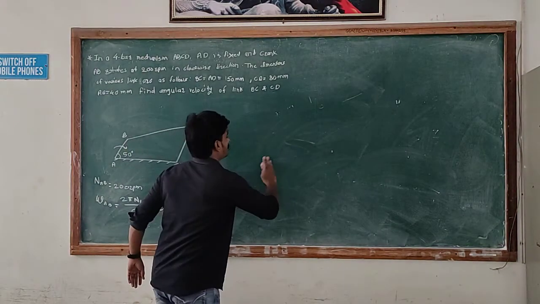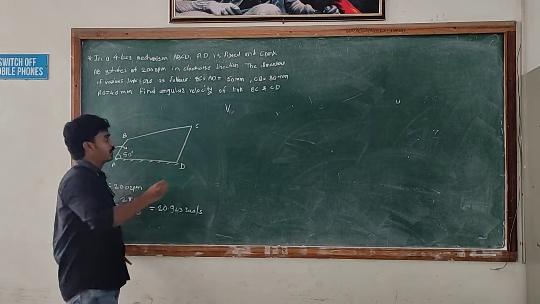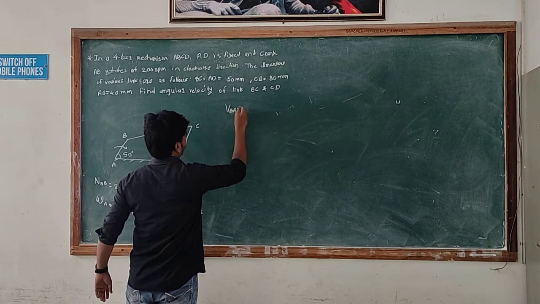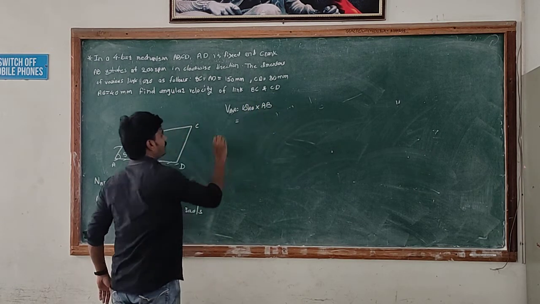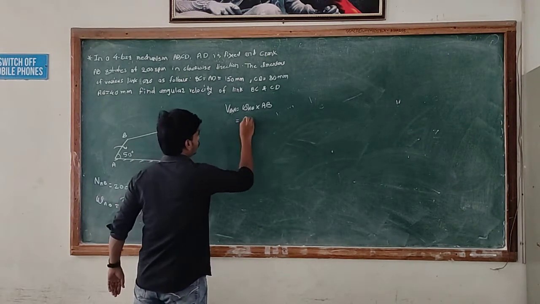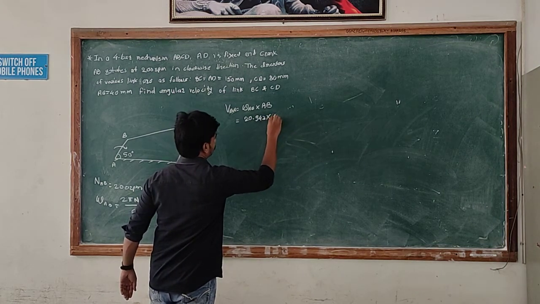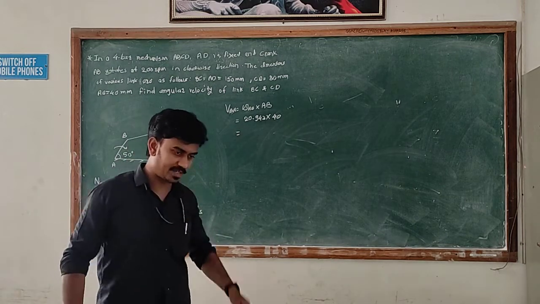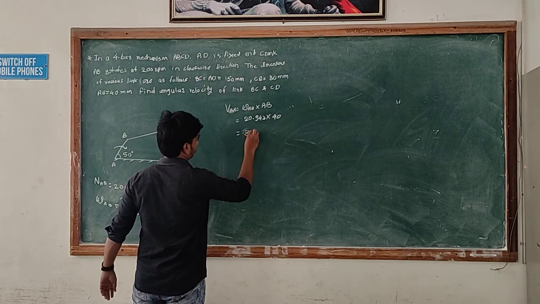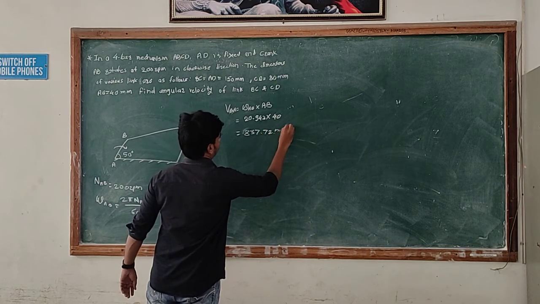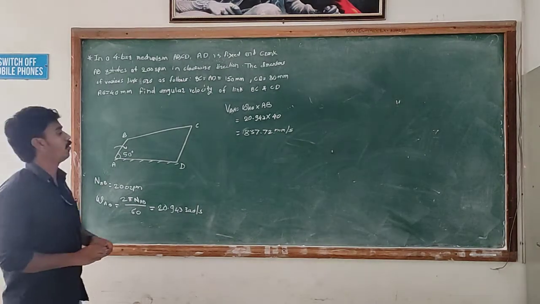Now we will find the velocity of point B with respect to A. Velocity of AB is equal to omega AB into distance AB, that is 20.943 into 40, and this value is 837.72 mm per second.